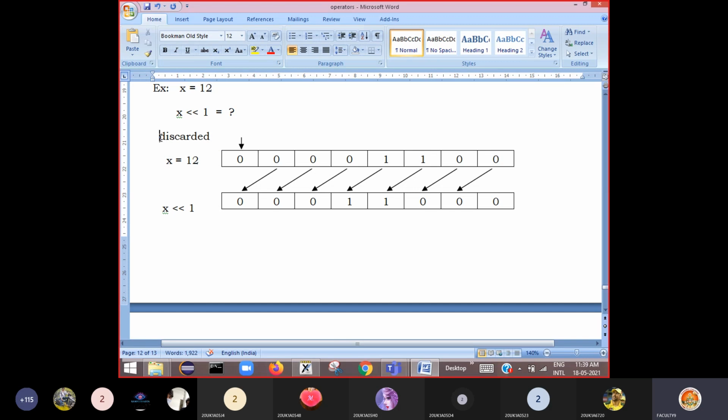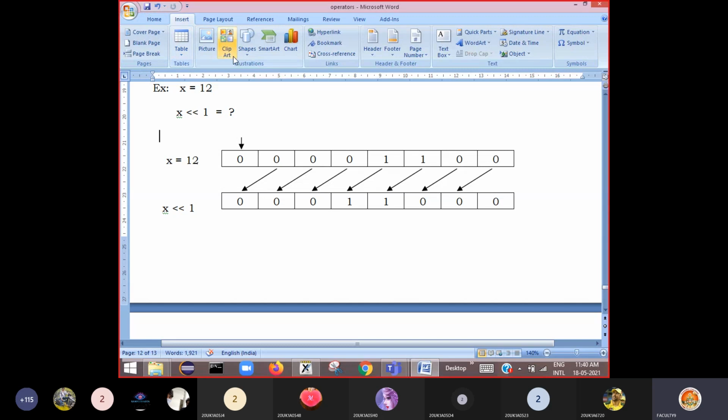If it is not taking correctly, what I do is I add a text box here.